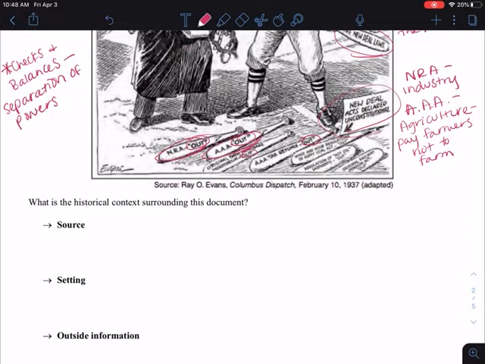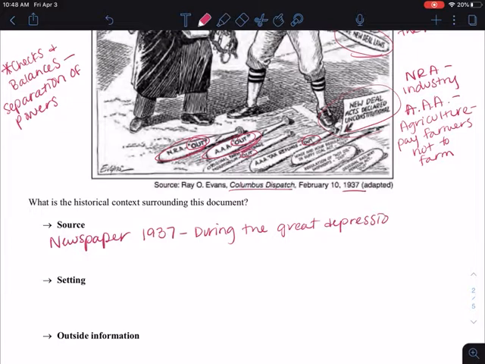First, we have to look at the source, the Columbus Dispatch in 1937. So we know it's a newspaper in 1937, which is during the Great Depression. So the setting here, we have FDR as president.